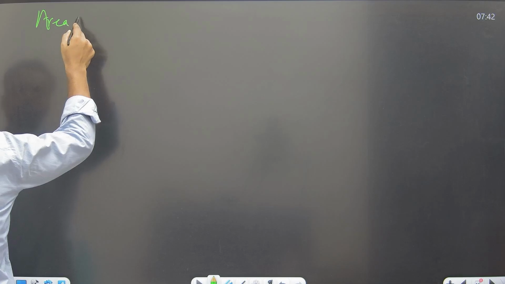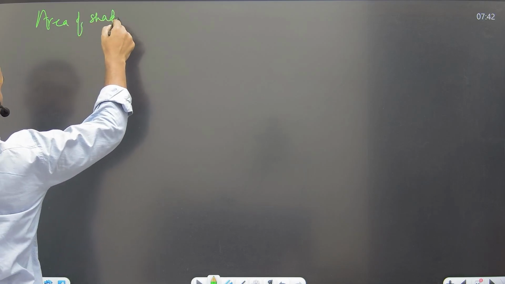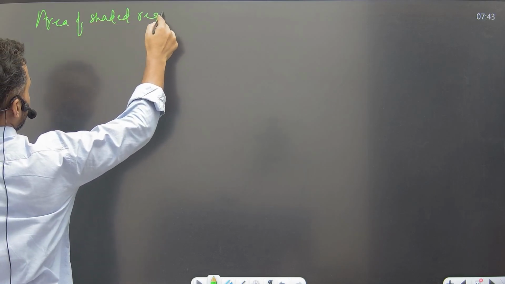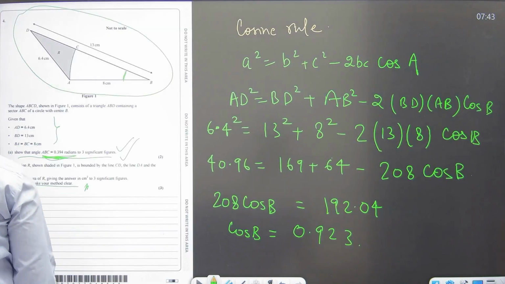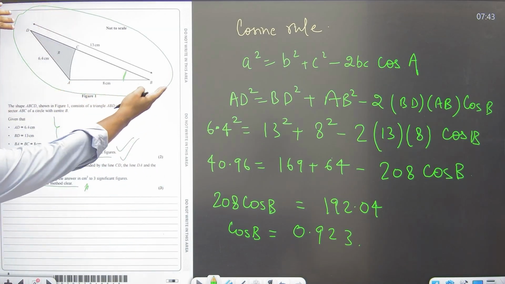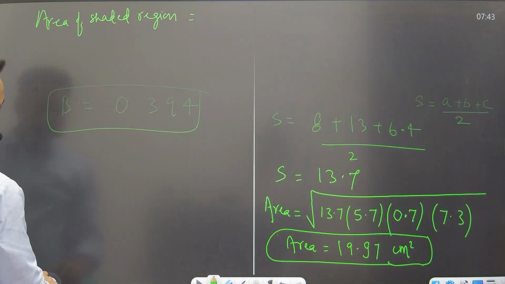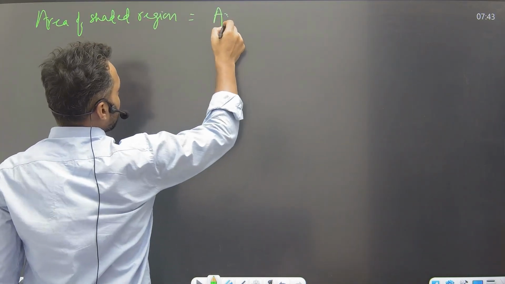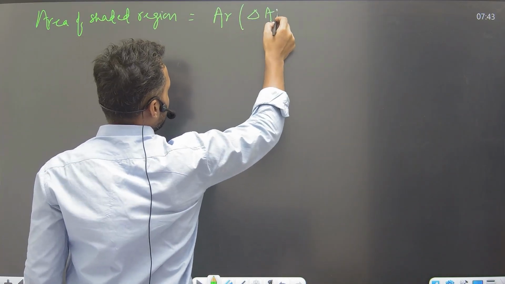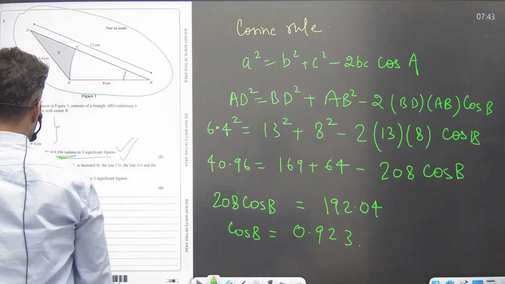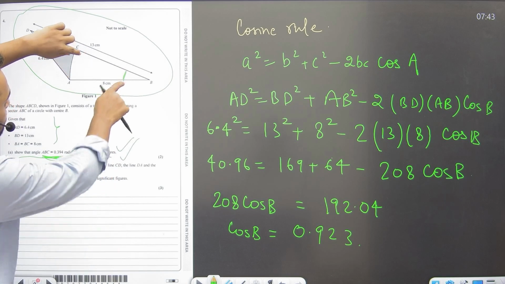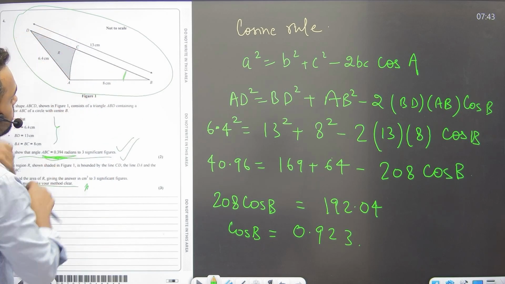Now area of a shaded region will be equals to area of a triangle ABD negative of area of a sector ABC.